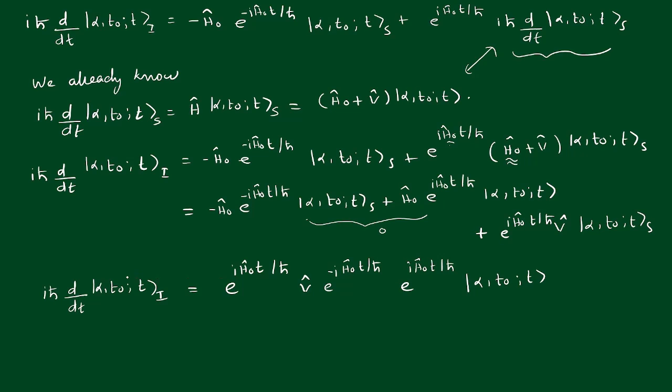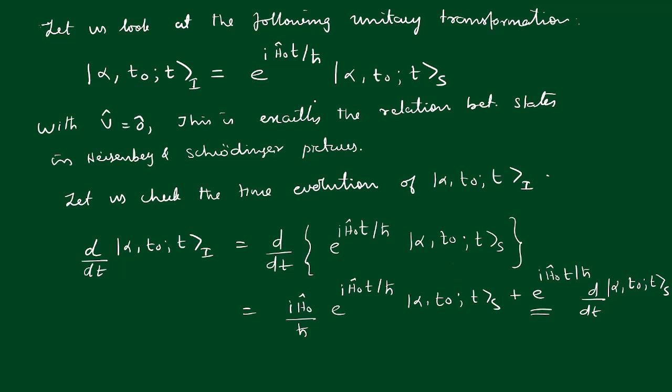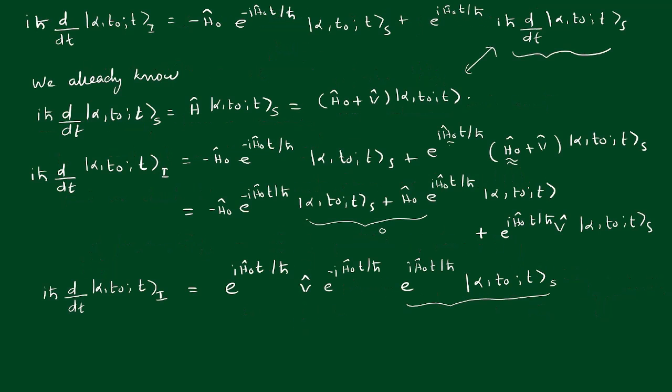Why did I do this? Because I have this alpha t0 t here, which is in the Schrodinger picture. If I do this, I can get again alpha t0 t in the interaction picture, because by definition, the definition that we started with, alpha t0 t I is equal to e raised to i H0 t by h cross times alpha t0 t.